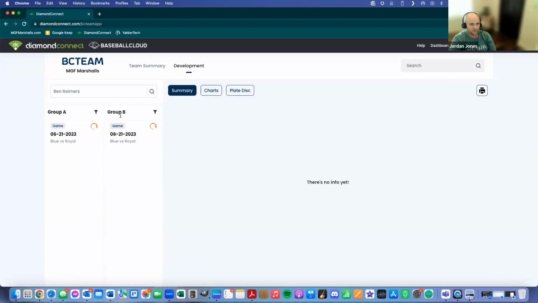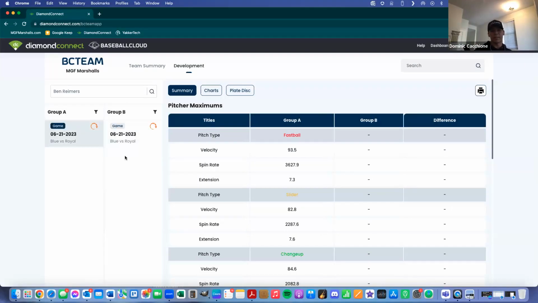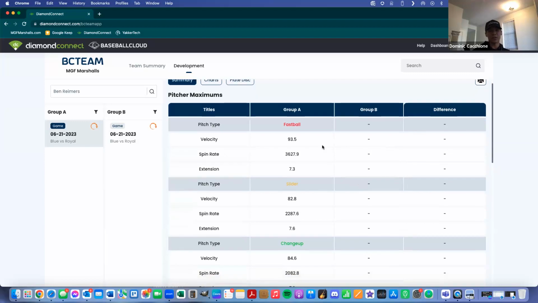We'd have group A, group B. What does this mean? In more instances where he's been throwing, you can compare two different games. It's hard to use now because he's only thrown one game so far. But when he's thrown 3 or 4 games, you can look back from his first game compared to his most recent game and see how those numbers change.